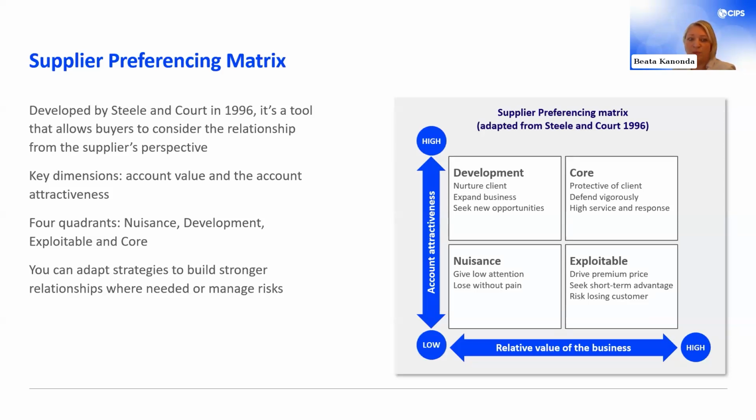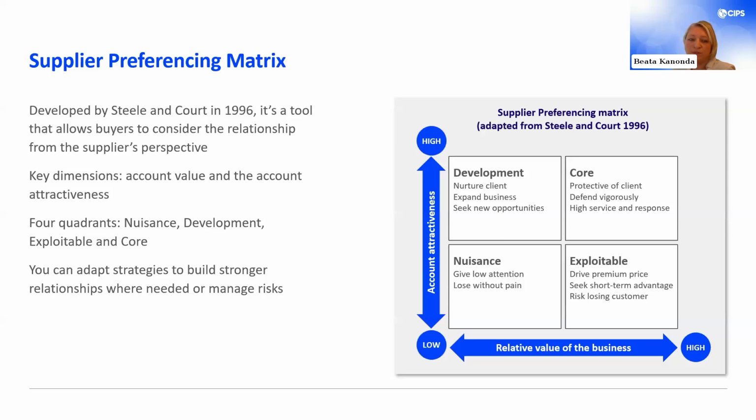Next, we have exploitable, high value and low attractiveness customers. This quadrant represents a potential power imbalance. Customers here generally generate significant revenue but are not seen as strategically important. Suppliers might maintain the relationship but with limited investment, and there is a risk of suppliers feeling trapped in low margin deals.